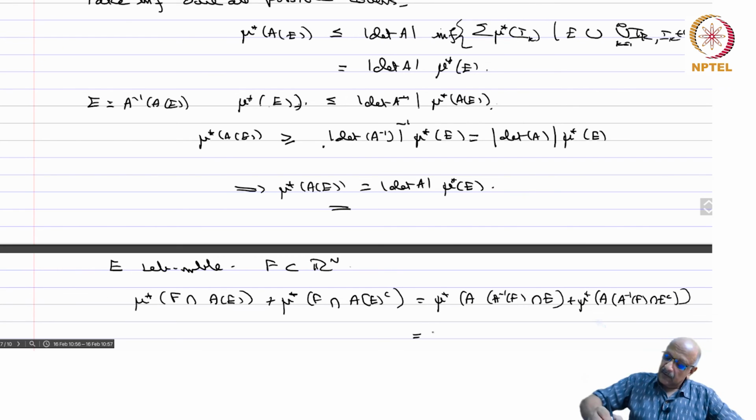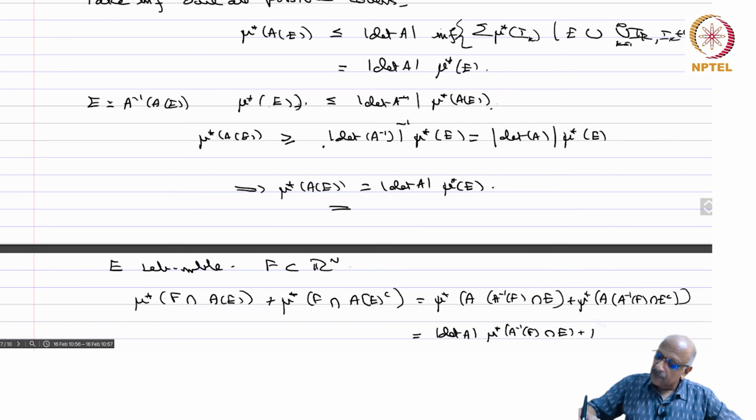And that we know is mod determinant of A times mu star of A inverse F intersection E plus mu star of A inverse F intersection E complement.